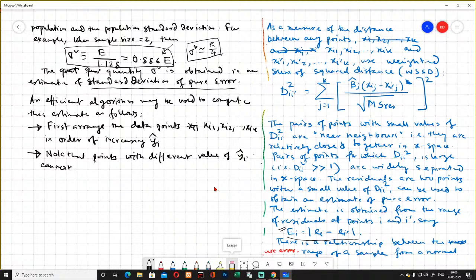The estimate of pure error is not correct. This is the estimate of the standard deviation of pure error.